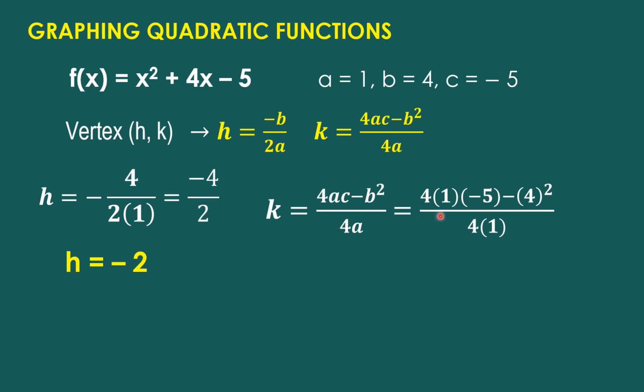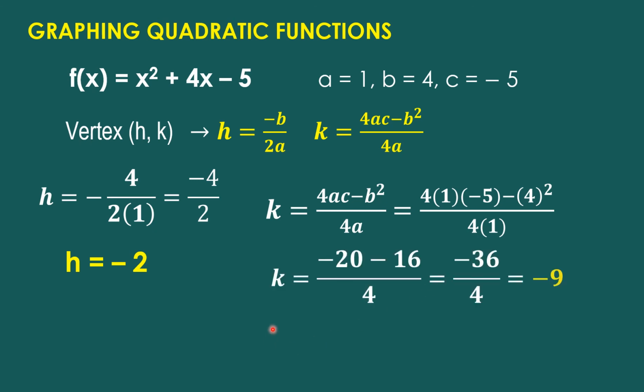You will have 4 times 1 times negative 5 minus 4 squared all over 4 times 1. That means the value of k is equal to negative 20 minus 16 all over 4. That is equal to negative 36 over 4, and therefore k is equal to negative 9. That means the vertex of this quadratic function is at negative 2, negative 9.